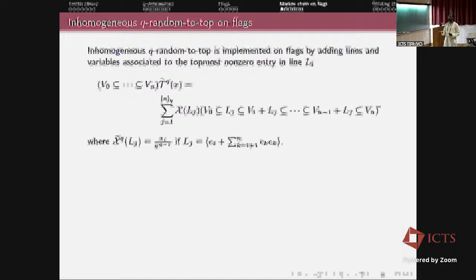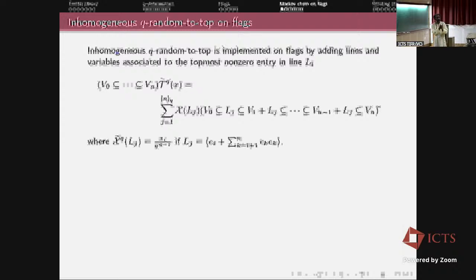And now I can define our model. So the idea is going to be, I'm going to define an analog of the Tsetlin library, this time on flags. This is again because we are on a finite field, so everything is finite. This will be a large Markov matrix. So what this new generator does is the following.